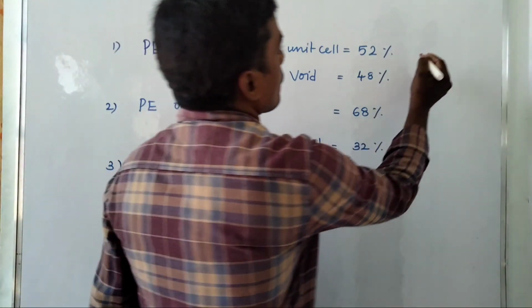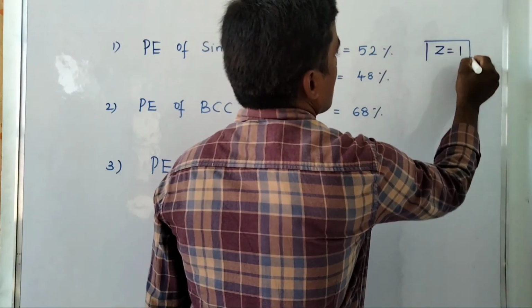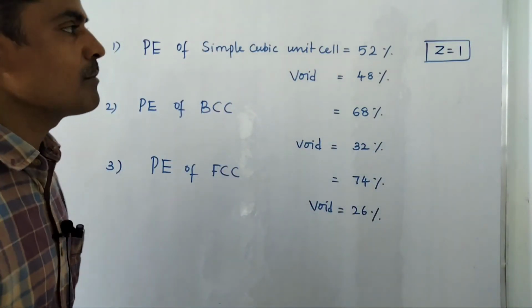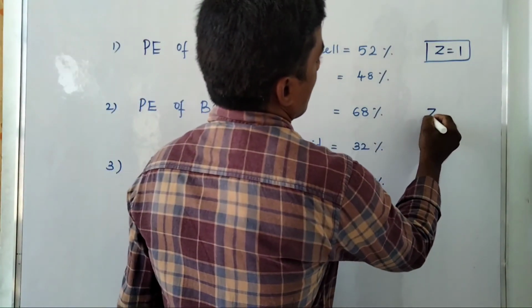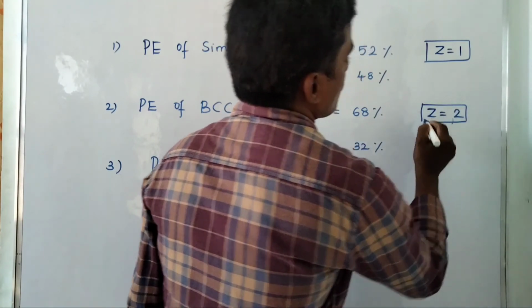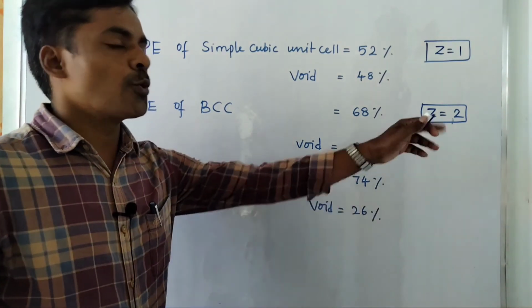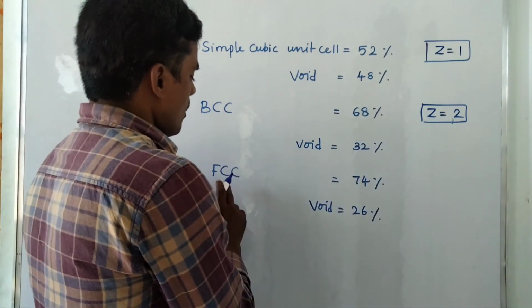For the simple cubic unit cell, the Z value is 1, meaning only one atom is present. In BCC, the Z value is 2, meaning two atoms are present.